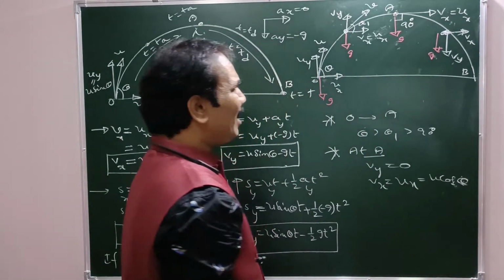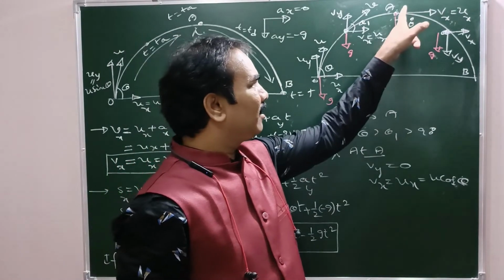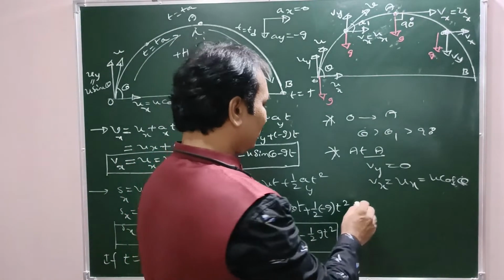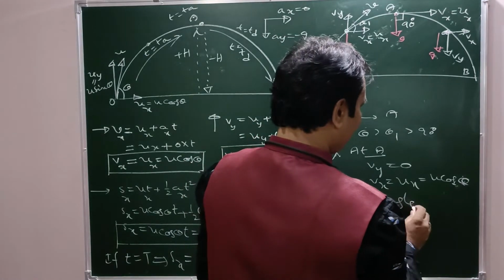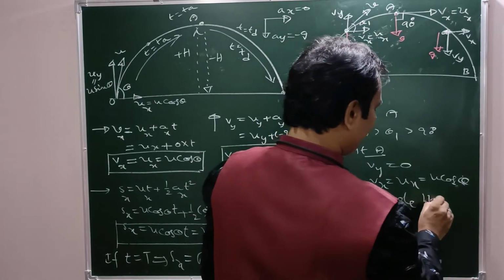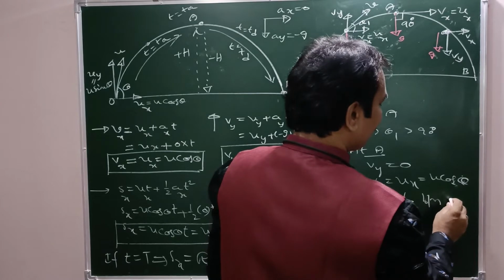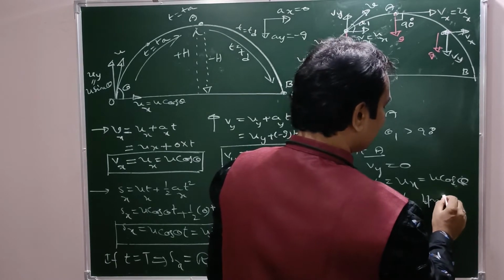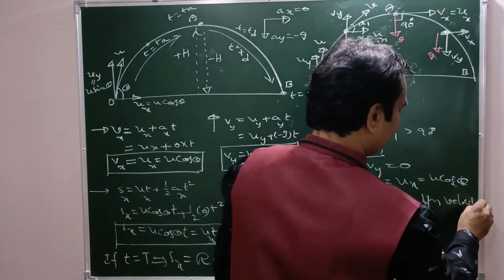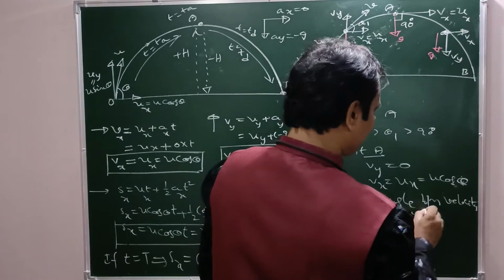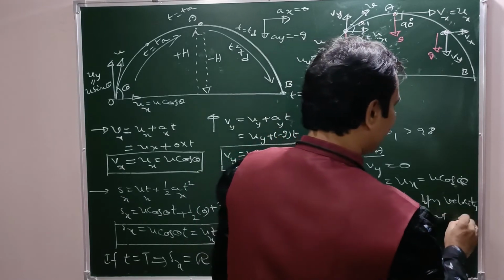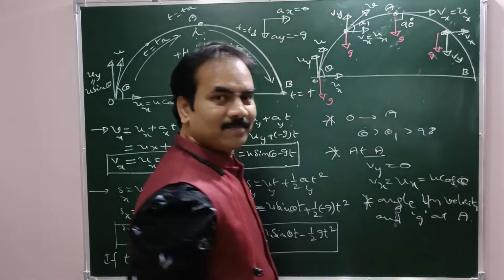Right? Now what is the angle between g and velocity at the highest point? See the next point. The angle between velocity and acceleration due to gravity at A. A means the highest point.